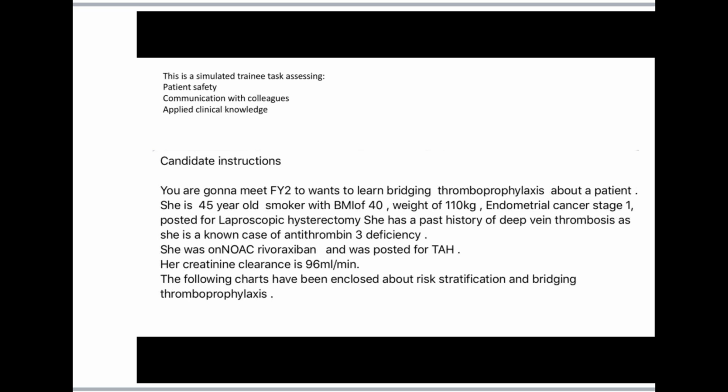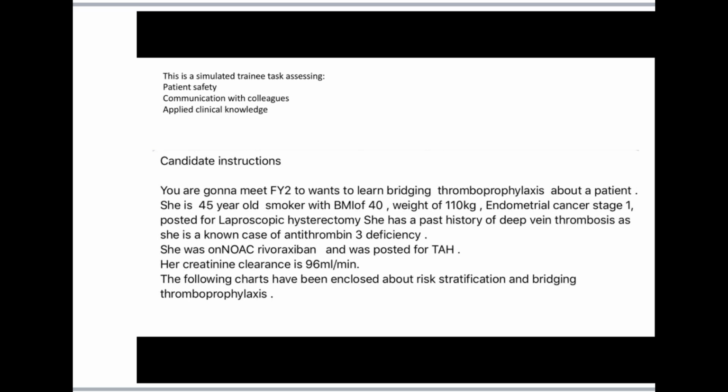Then I can stop my low molecular weight heparin. So this is what we call bridging in case the patient is using warfarin. Bridging means it's a replacement of the oral anticoagulant with a short-acting alternative, mostly heparin or low molecular weight heparin, and this is happening in the patient who is planned to have a surgery.